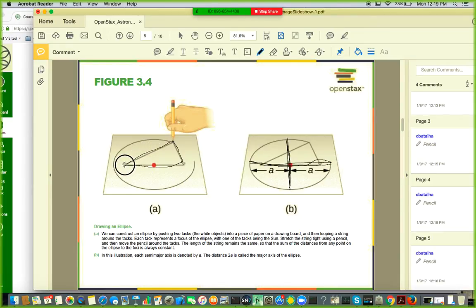You tie the knot and you make a circle with the string like this. And then you take two thumbtacks and you stick those against a flat surface, and then with a pencil you stretch the string, and you just go around and make an ellipse.